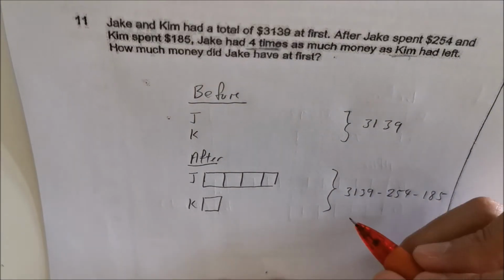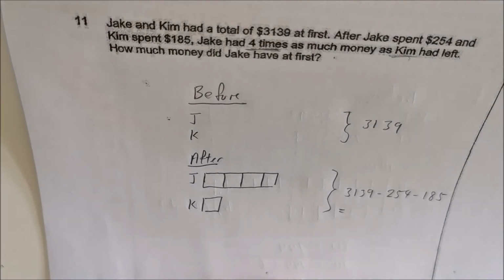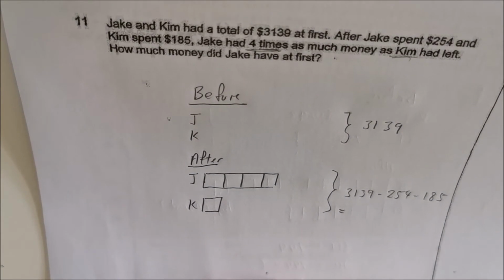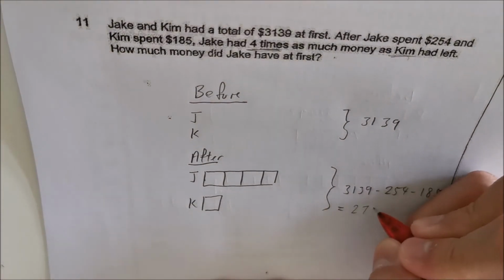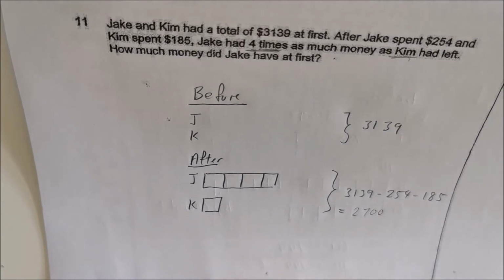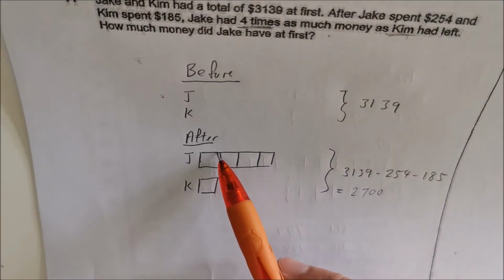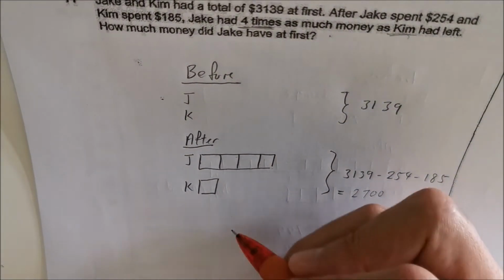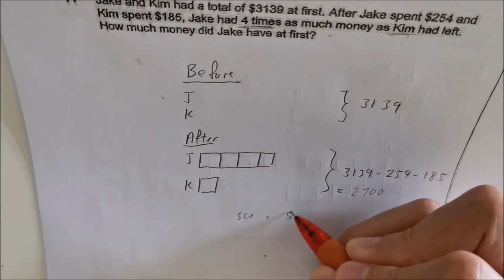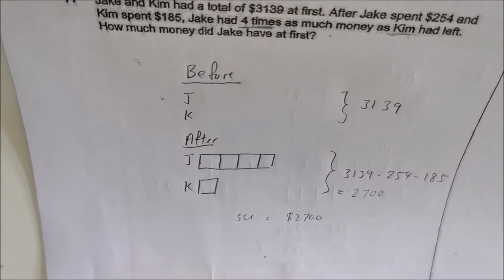And isn't that the total for after, right? So 3,139 minus 254 minus 185, I have 2,700. Okay, then we can conclude that 1, 2, 3, 4, 5 units will give us 2,700.